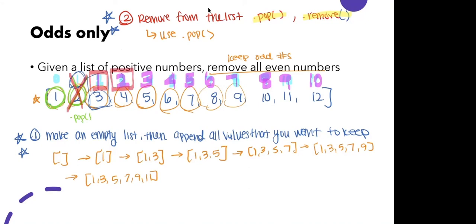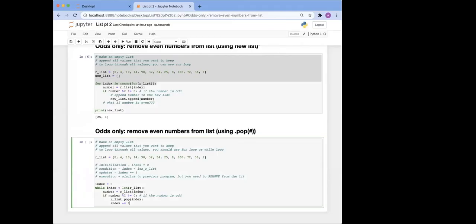What was index 3 became index 2. So everything was offset by 1 smaller. Therefore, we're going to do that as well to our index marker. But this only happens if you actually have to pop something from our list.